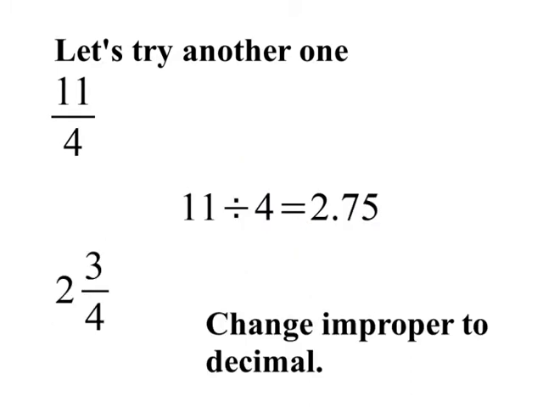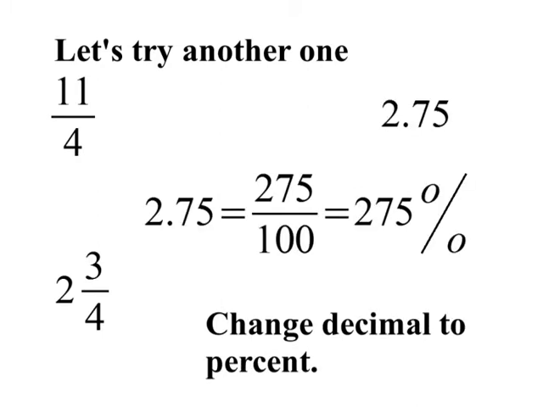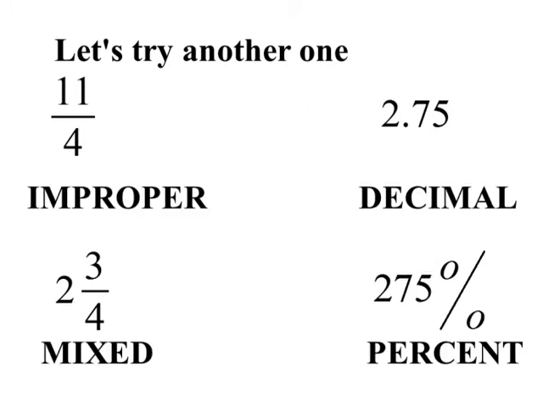Now, decimal and percent conversions work exactly the way we did before. You divide 11 by 4 and you get 2.75, and then you can move the decimal point a couple of places, and that'll give you 275%.